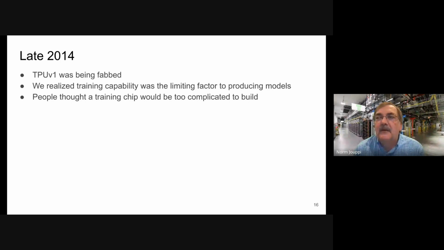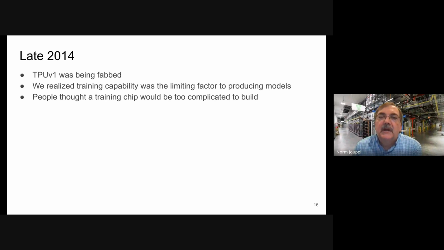A lot of things were surprises back then because the field was so new. Training was the limiter to further progress. We had a pretty good inference system, but training was being done on CPUs and was running pretty slow.